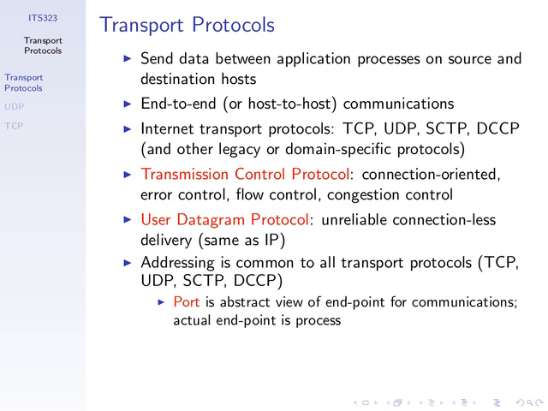IP was about getting data via these routers from source to destination. Transport protocols, we're going to ignore what happens in between the source and destination host and focus on communications just from here to here.